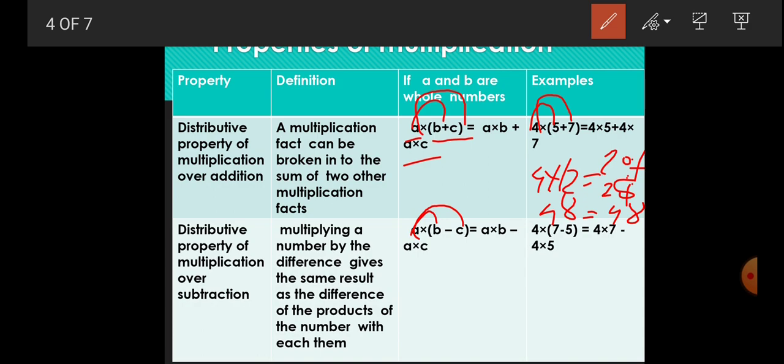So 4 multiplied by 7 minus 5, 2. 4 multiplied by 2, 8. And here 4 multiplied by 7, 28, minus 20. What is the answer? 8. 8 equal to 8. This is the distributive property of multiplication over subtraction.